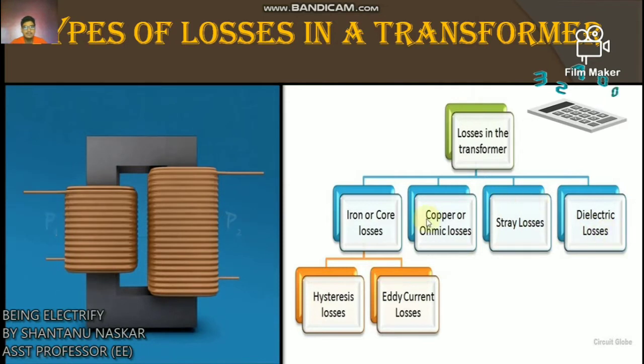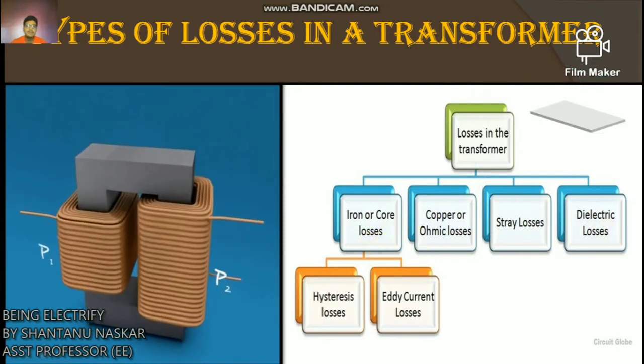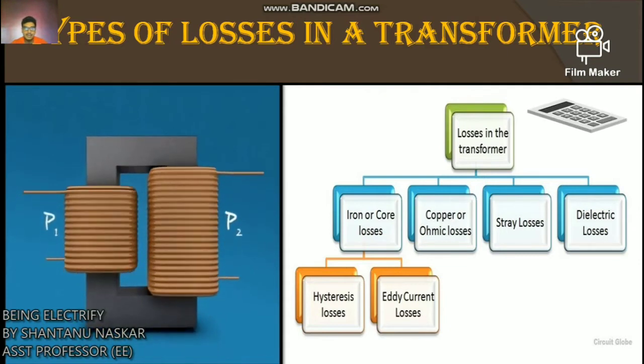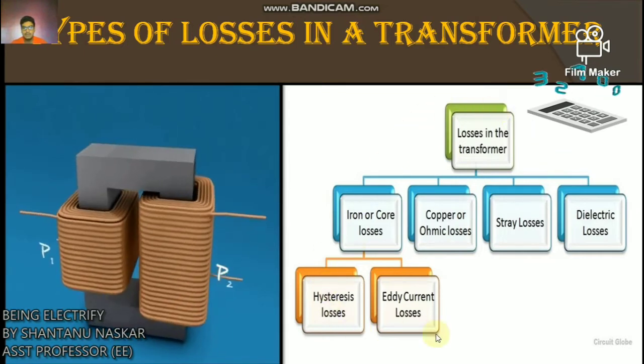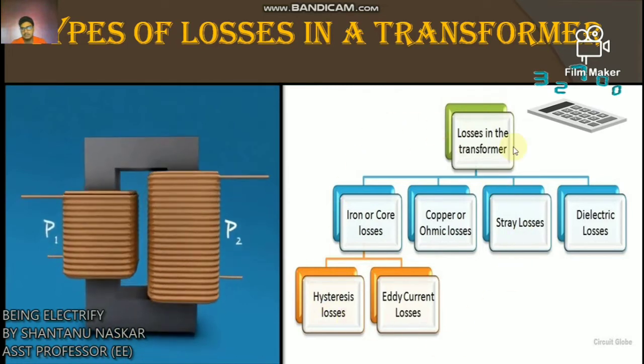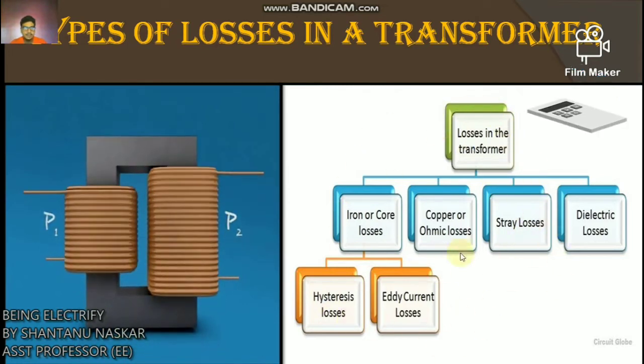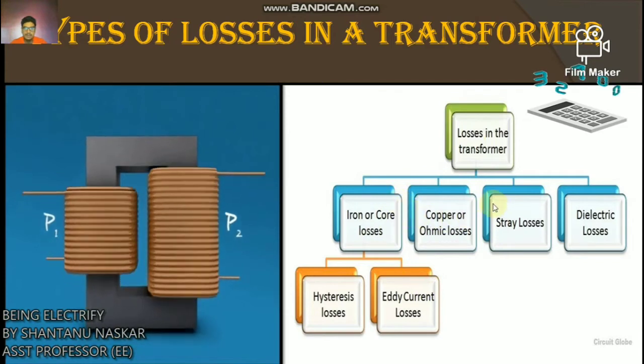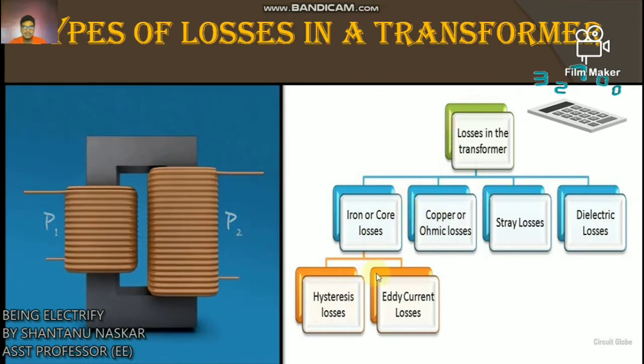The hysteresis losses occur because of the variation of the magnetization in the core of the transformer, and the copper loss occurs because of the transformer winding resistance. One by one I will discuss these different types of losses. Okay, let's start.